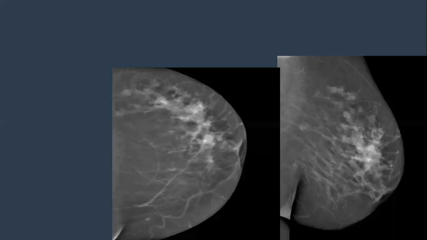Then definitely we are talking about distortion. What else? The approach: distortion, where, and is there any associated calcification? Is there any associated feature? That is it. Just tell me there is architectural distortion in these locations, and what are the associations? This is the whole approach.